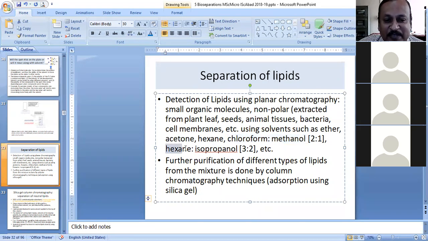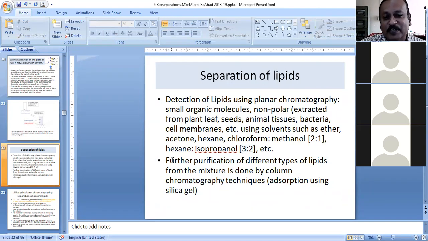We can have a mixture of hexane and isopropanol in the ratio of 3:2, and so on. These are empirical solvents which are already used for lipids. We can try out one of them or all of them, and whichever gives the best result, that solvent system we can use for lipid separation. Is it okay?